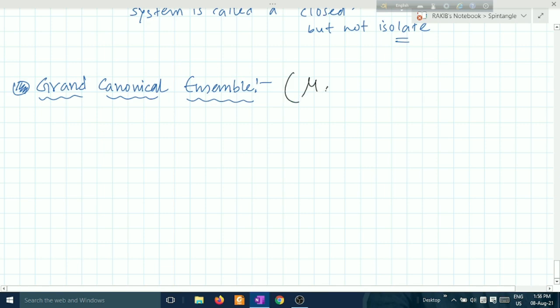Grand canonical ensemble means mu, V, T are constant. Mu is a new parameter to you. Mu is called the chemical potential.